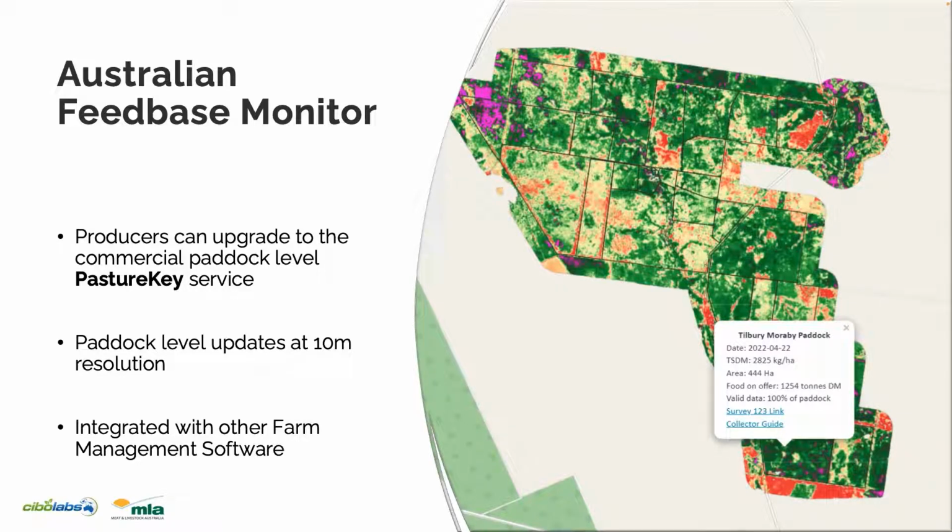So there is the opportunity for you to offer a high level of service or a high level of detail for producers who are seeking it. But certainly for entry level, basic feed budgeting, basic planning around trends and so on, the Australian Feedbase will be, I think, a tool that's going to change the way that a lot of your producers think about and approach their pasture program.